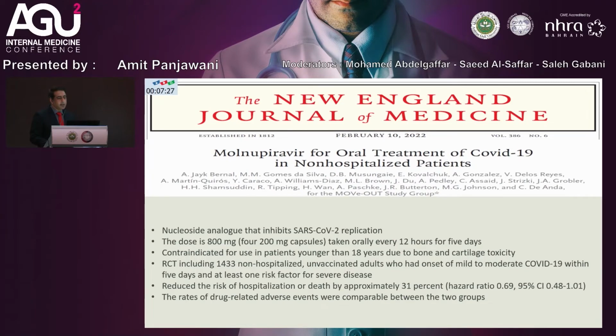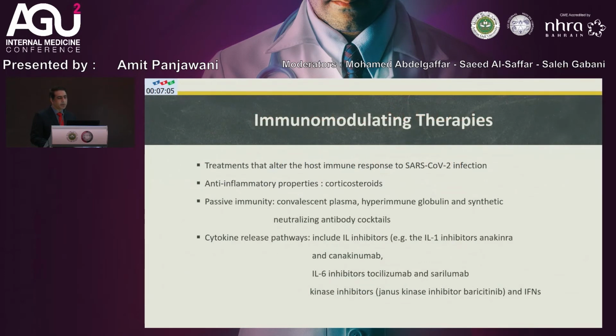The other drug, which is also now approved for use in mild to moderate COVID infections, is molnupiravir. Again, this is a repurposed antiviral agent. Earlier, it was being investigated for its role in the treatment of influenza infections, and later on, it was found that it was also effective in the treatment of mild to moderate COVID infections.